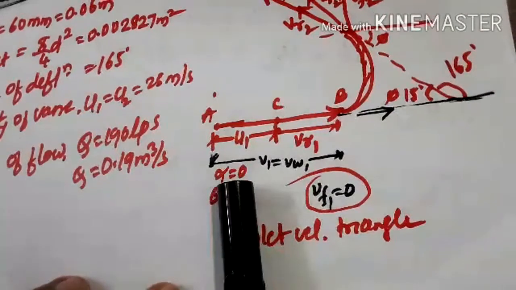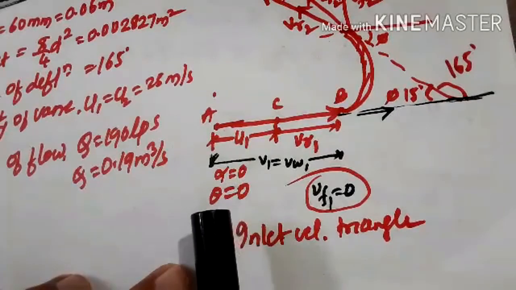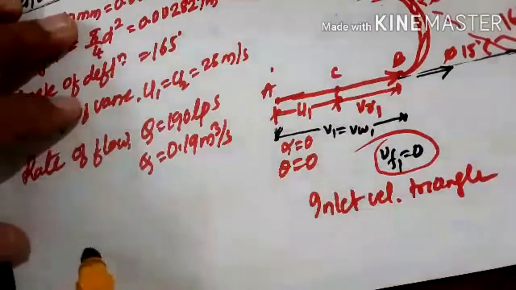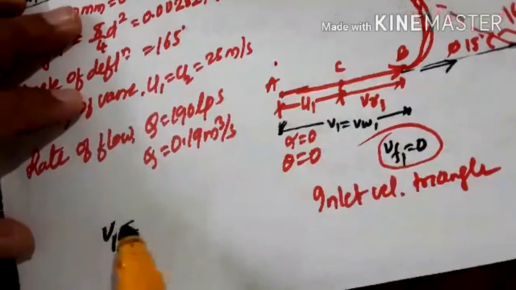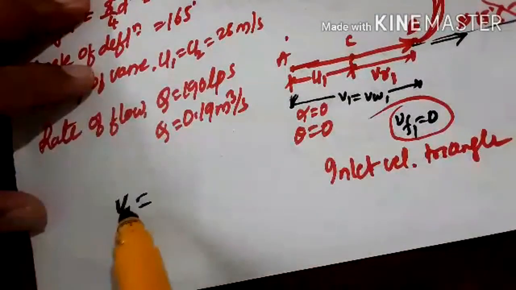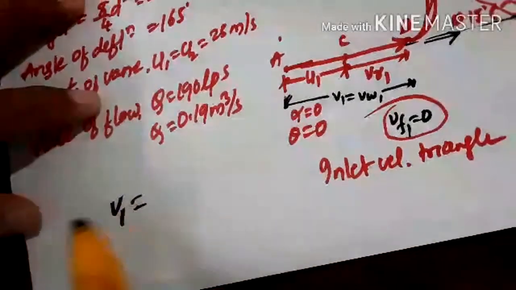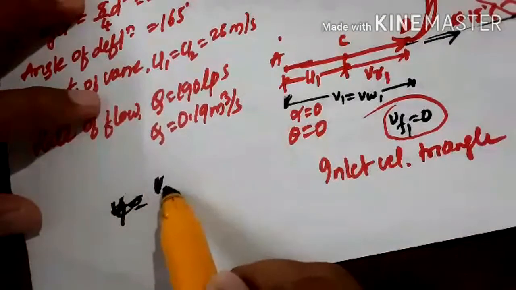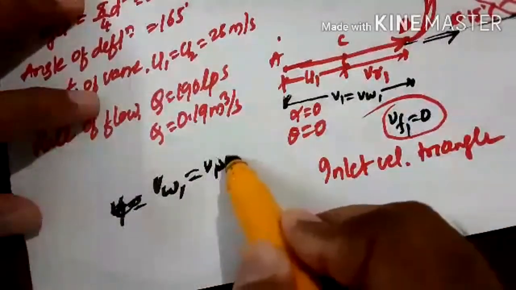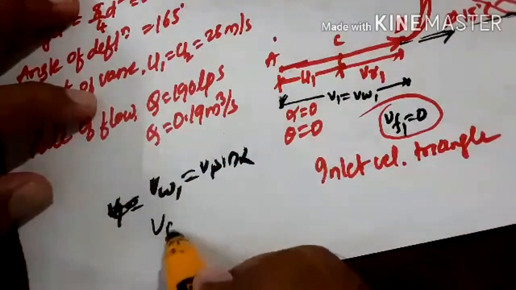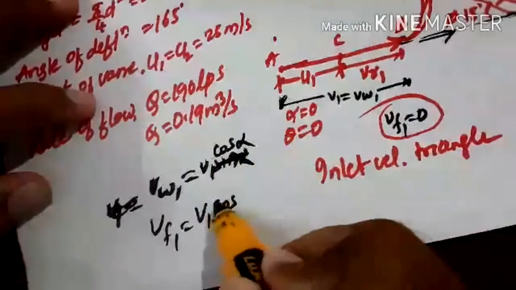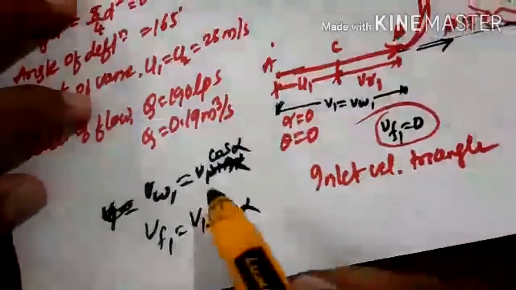Alpha is the nozzle angle, and theta is the angle made by the relative velocity with the horizontal. Components of V1: VW1 will be V1 cos alpha, and VF1 will be V1 sine alpha.